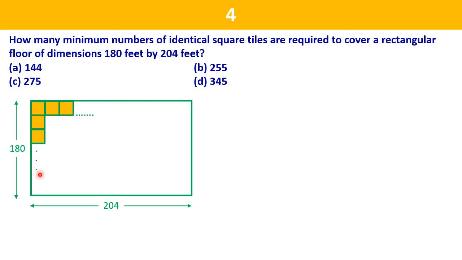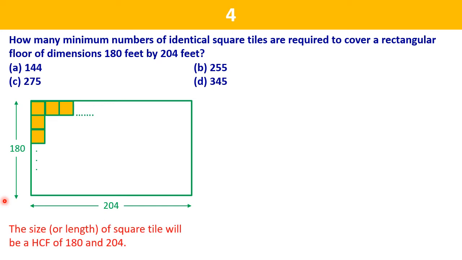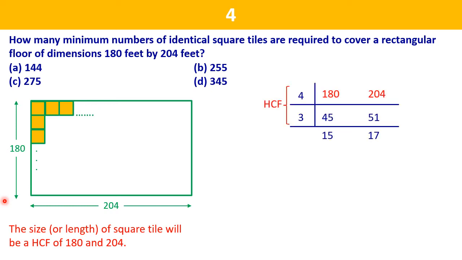That is only done if we take the highest common factor of 180 and 204. So the size or length of the square tile should be the HCF of 180 and 204, which can be found like this. So HCF is 12. It means each tile should be of size 12 by 12. Only then will the count of tiles be minimum.